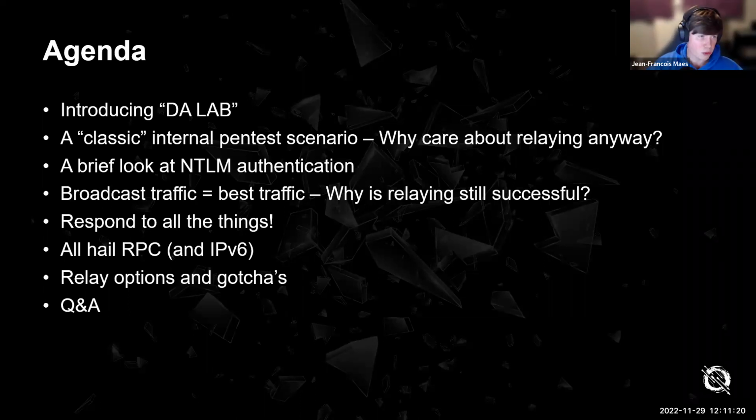We're going to learn how to respond to all the things, talk a bit more about some specific RPC calls and IPv6, and then some relay options and gotchas, followed, if we still have time, by some Q&A. But again, that's going to depend on how fast we blast through all these exercises.